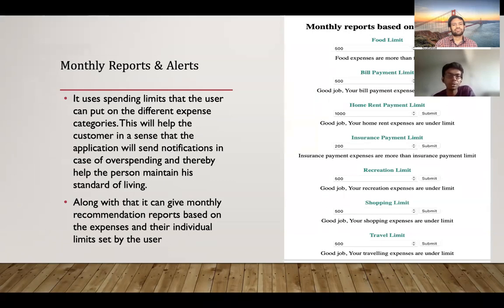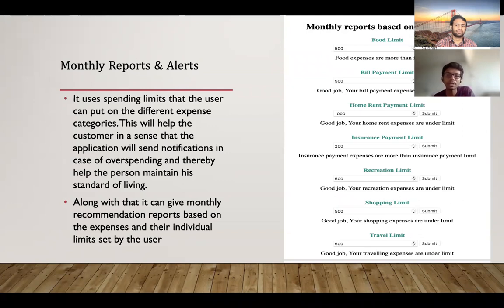Our product also gives monthly reports and alerts. It uses spending limits that the user can put on the different expense categories. Like if he sets the food limit as 500 and his expense on food exceeds that, it will show a notification that food expenses are more than the food limit.